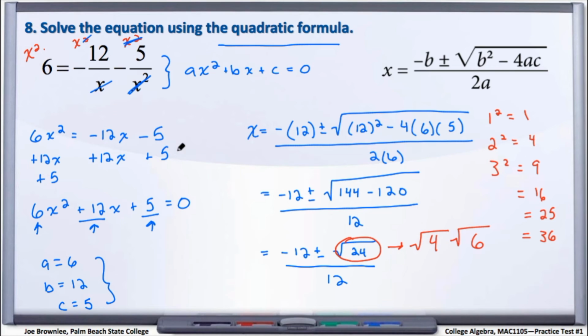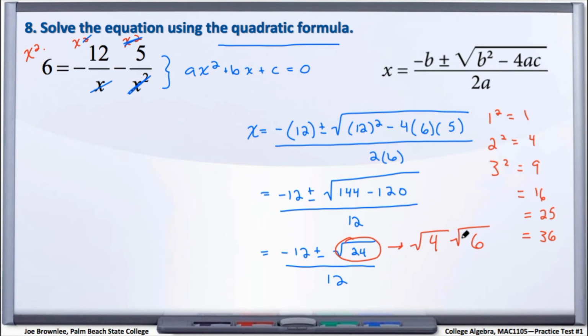So let's simplify again: x equals negative 12 plus and minus, and we had radical 24, but we broke that down into radical 4 times radical 6, and we know that radical 4 can come out as a 2, and then we rewrite what couldn't be broken down, in this case radical 6, divided by 12.